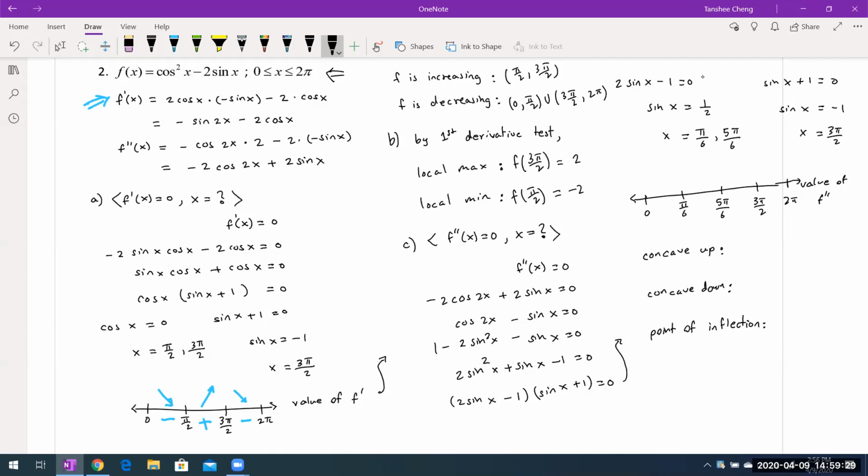Cosine 2x, I can rewrite as 1 minus 2 sine squared x. From here I will be able to factor it, and one factor is 2 sine x minus 1. When I solve this equation, we are solving sine x equal to 1/2.